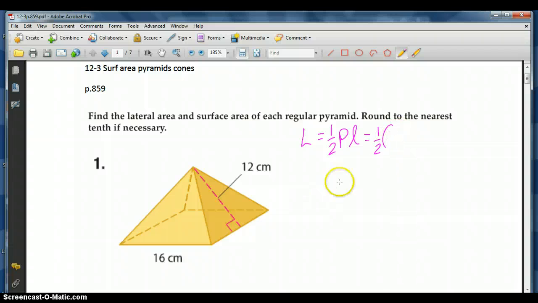So each side would be 16, and there are 4 sides, so 4 times 16 would give us our perimeter. Our slant height is this height right here, which is 12. So we want to take half of 4 times 16 times 12, which is 384 square centimeters.